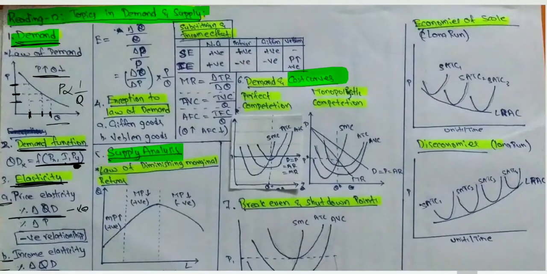For analysis, we assume the law of demand as a linear curve, so there is a slope. Whenever we write a linear equation, y equals mx plus c, for the law of demand, the change in quantity by change in price, that is y2 minus y1 by x2 minus x1, is the slope of the demand curve.